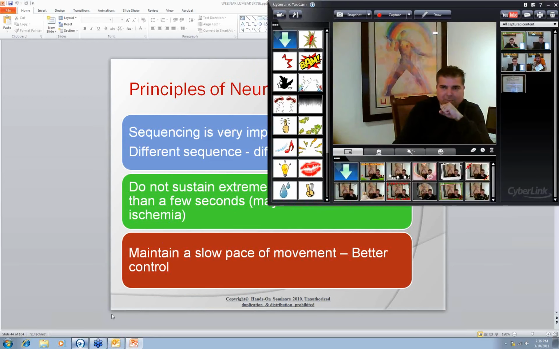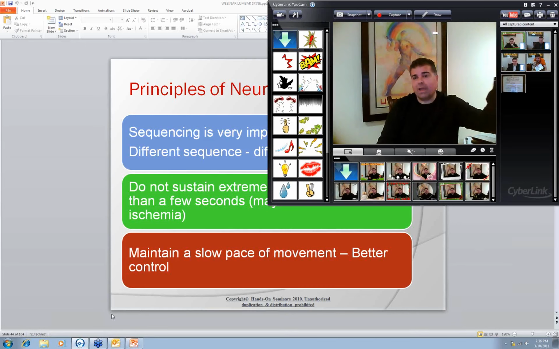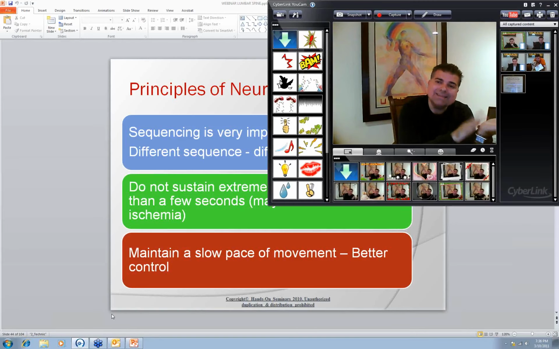Let me bring back the camera. Why is sequencing very important? Because if, let's say, for my median nerve, I initiate a wrist extension first before I do any other movement with my arm or with my neck, the greatest tension of the median nerve will develop in the area that moved first.